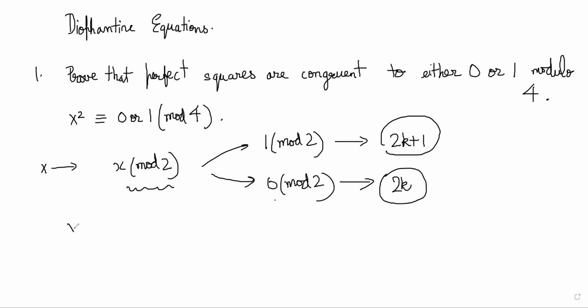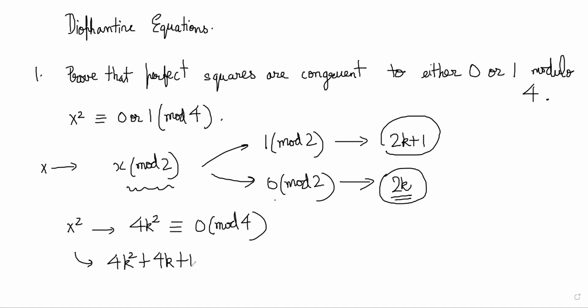So obviously, when you do x square, if x is even, then you get 4k square, which is 0 mod 4, since it is clearly divisible by 4. And if you take the odd case, you will get 4k square plus 4k plus 1, which is basically 4 times k square plus k, plus 1, which is obviously 1 mod 4.